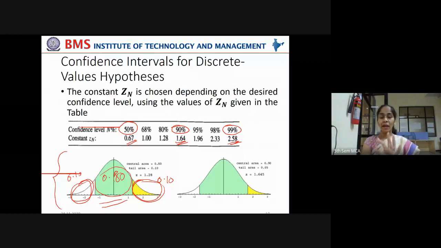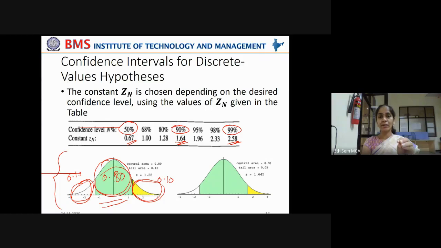So the area under this curve is showing that your confidence interval is 80%, means 80% of the time your machine learning model will generalize well, will predict well, even with the unseen data. Means your sample error and the true error will be almost the same.